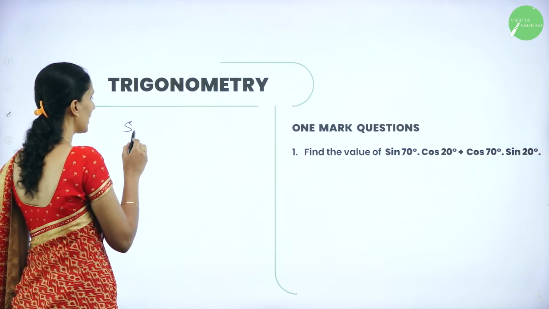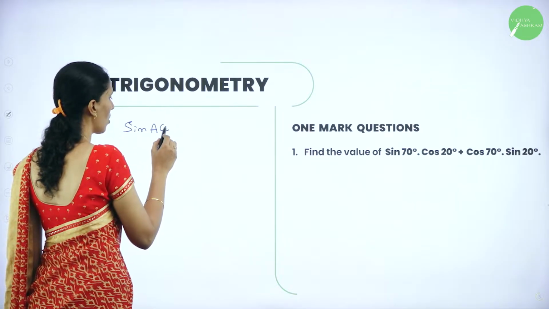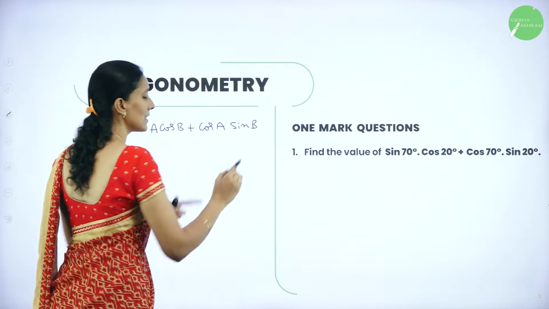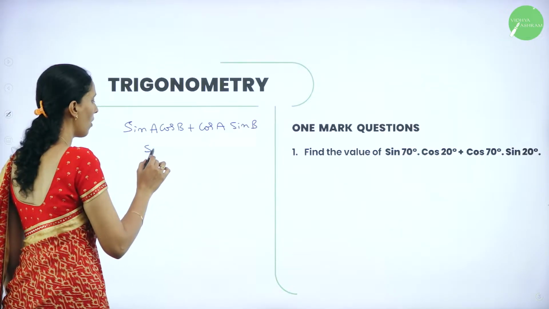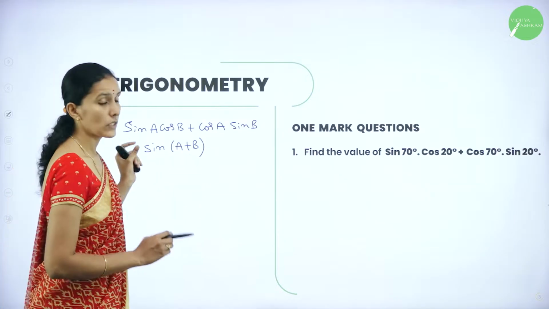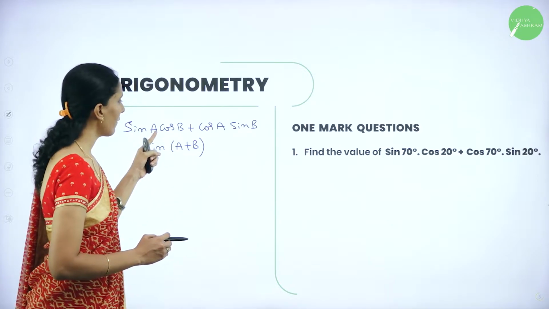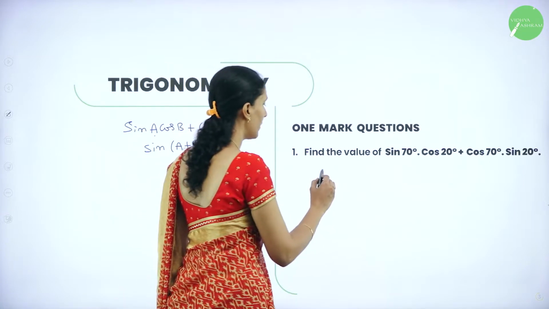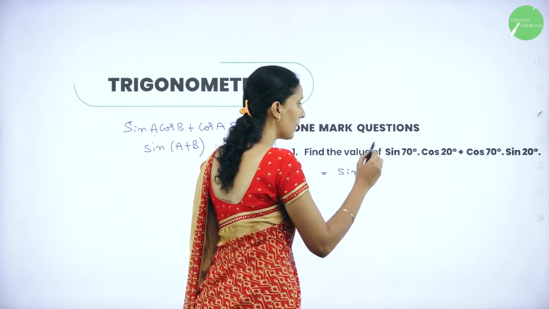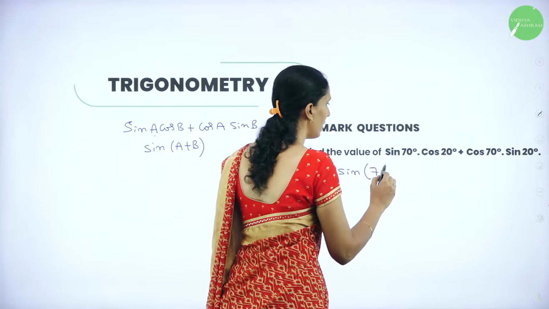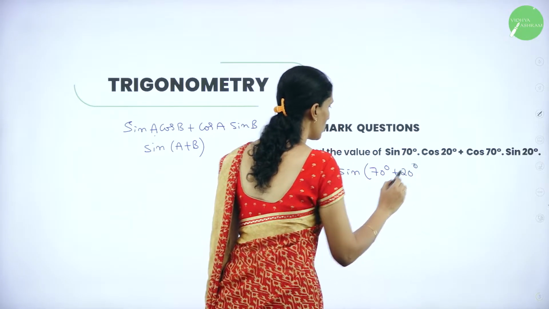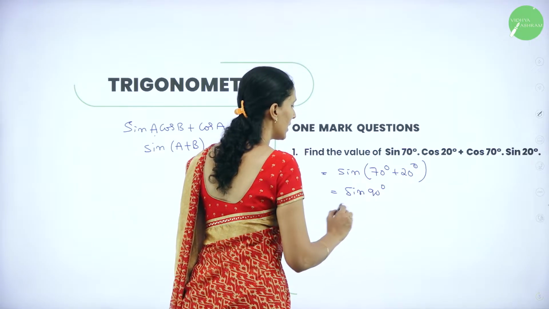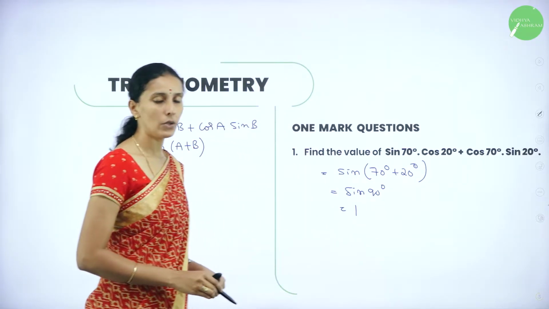Take it as sine A cos B plus cos A sine B. So this is the compound angle in the form sine A plus B. Therefore, sine 70 cos 20 plus cos 70 sine 20 can be written as sine A plus B, that is sine 70 plus 20 degree, which is equal to sine 90 degree. What is the value of sine 90 degree? It is 1. The standard value 1.